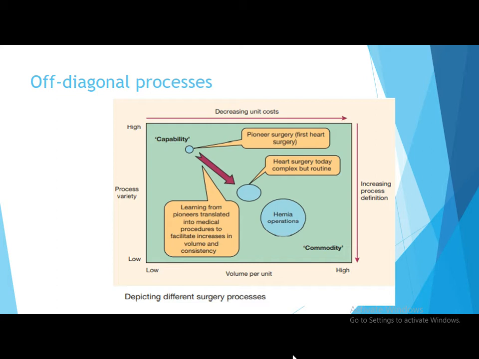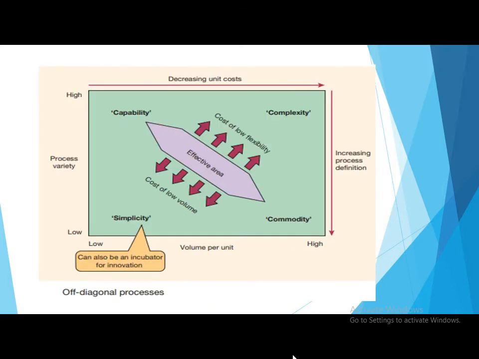Now you can pause the video and look at this figure, and I will just switch to the next figure. However, operations may sometimes find that their processes are operating suboptimally, because there is not an exact fit between the existing processes and the market requirements.